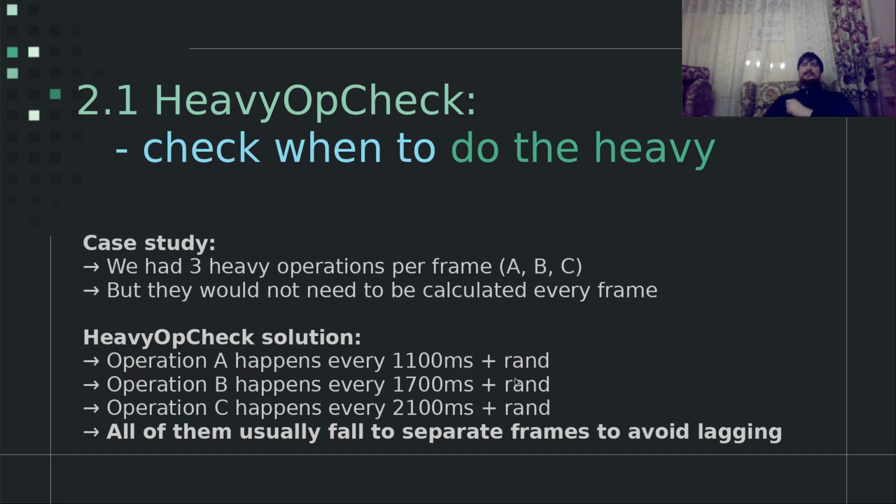Operation B happens every 1.7 seconds plus some randomization, and operation C happens every 2.1 seconds plus some randomization. And with this setup, all of them usually fall into separate frames, and thus we are avoiding lagging. We are having a better throughput, everything is more smooth.